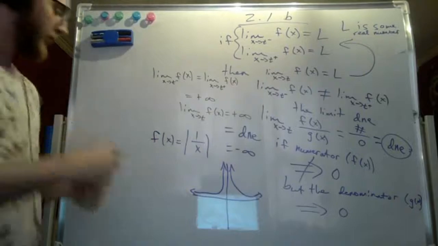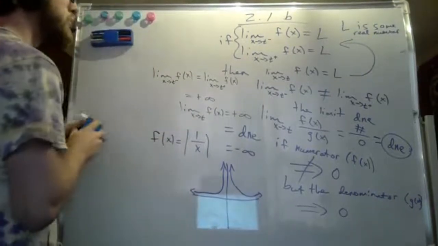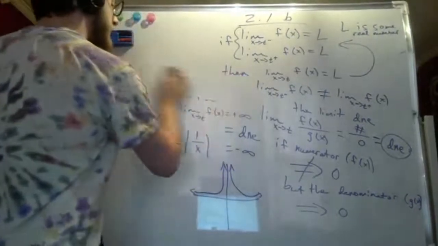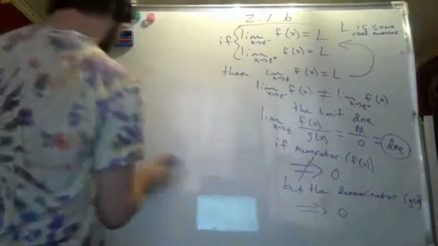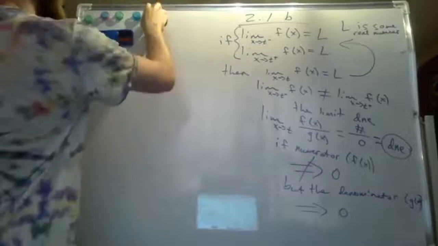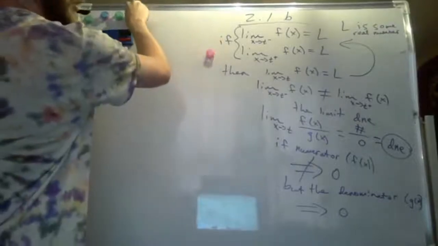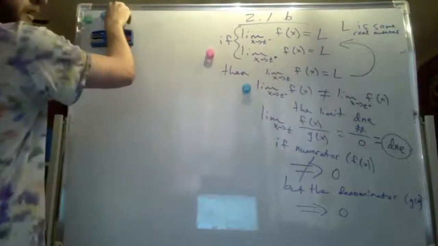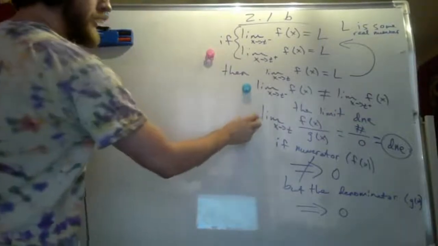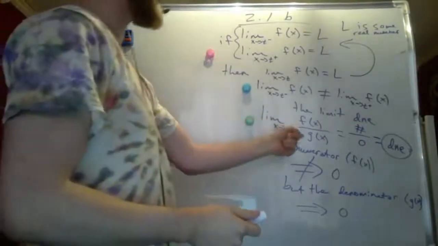The last vocabulary term that we need to cover for 2.1b. So let me organize here. We had our definition. We had if they're not equal to each other, it doesn't exist. And then we have our rule down here that if the numerator is a number but the denominator is 0, then it does not exist.